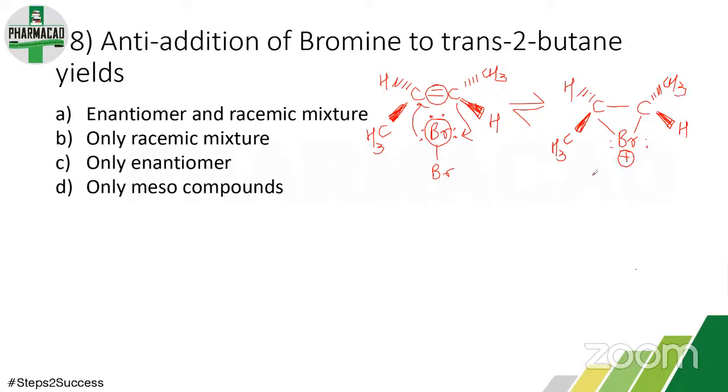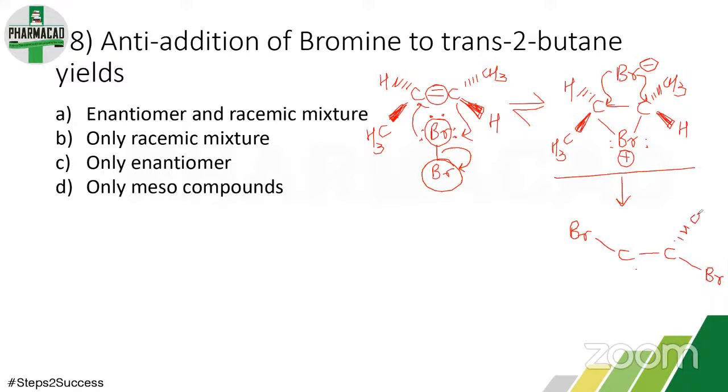So this is the bromonium ion. Now this bond gets shifted, the electrons get shifted onto this bromine, and this becomes Br minus, which will attack from the opposite side. After this, one bromine gets attached to this carbon atom and another bromine gets attached to this carbon atom, and the substituents are basically CH3 and H.